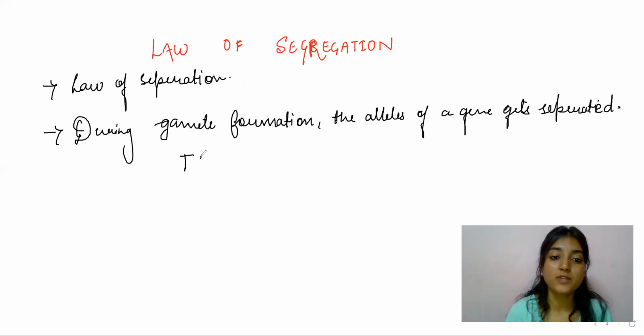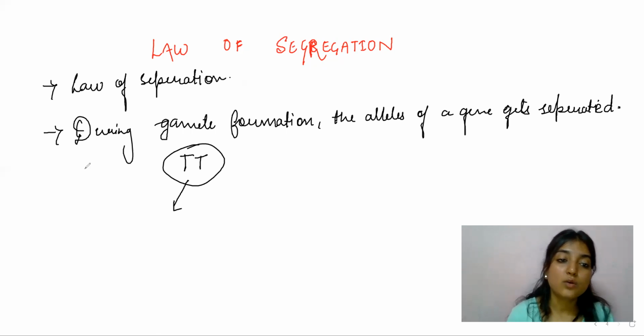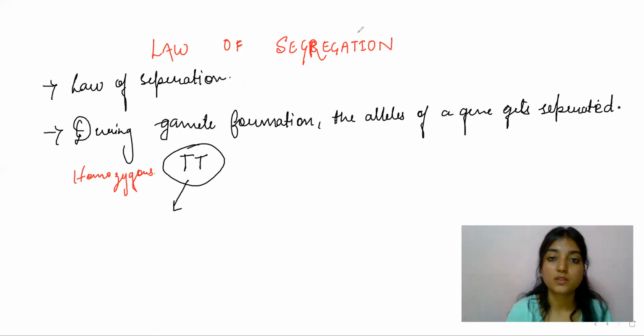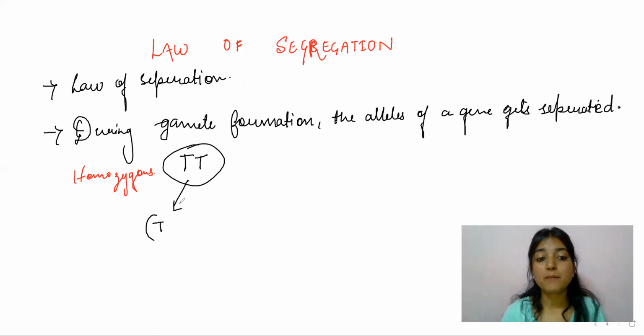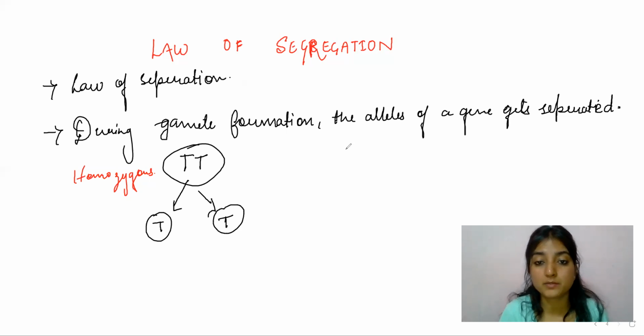Let us take an example. If we take capital T and capital T, this is the homozygous example. The gametes produced are capital T and capital T, both capital.